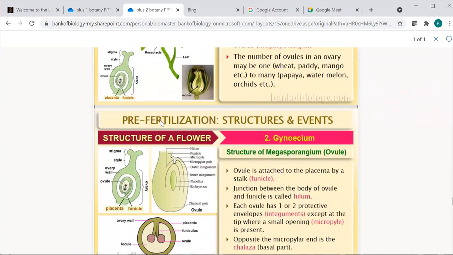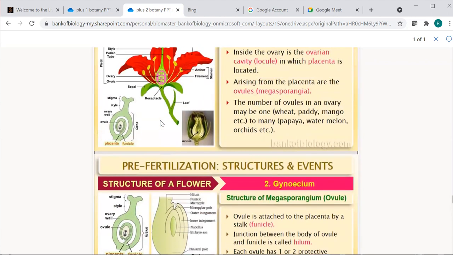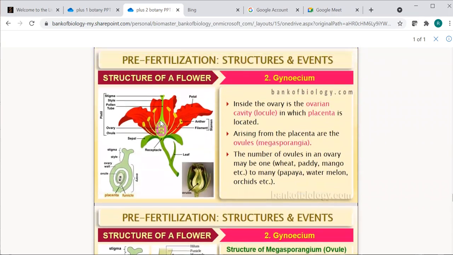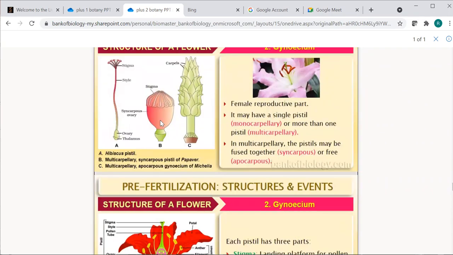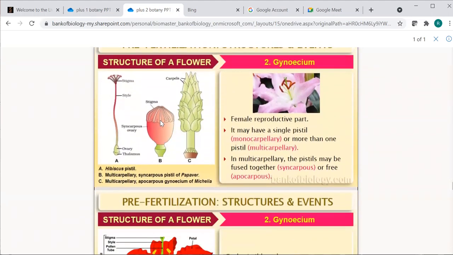We were talking about the gynoecium, the female reproductive part of a plant. We'll revise this again.